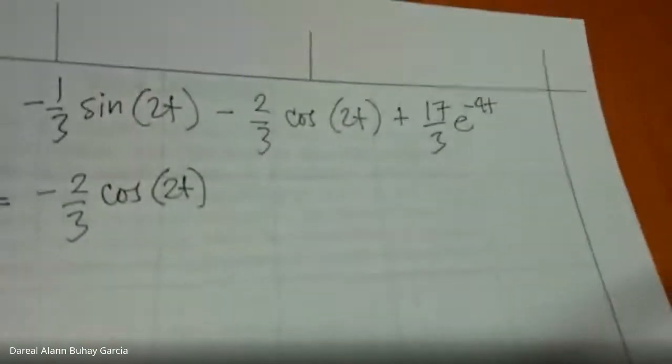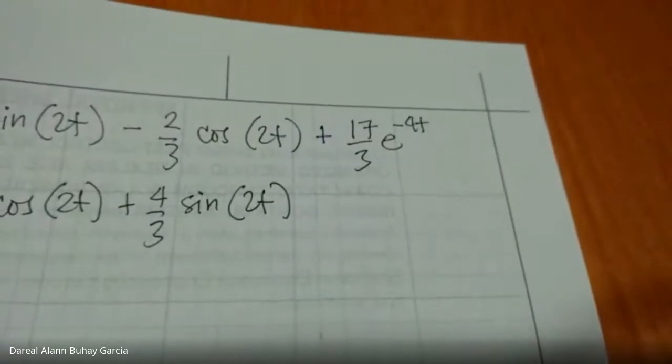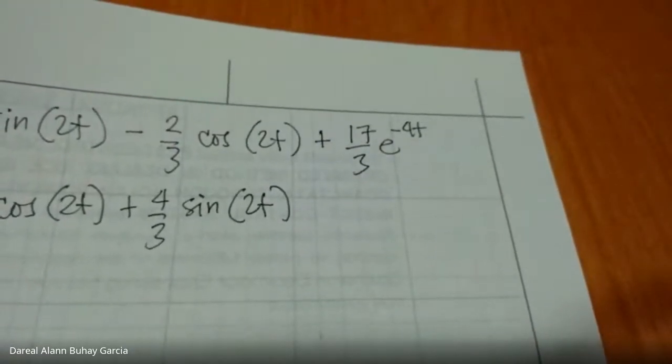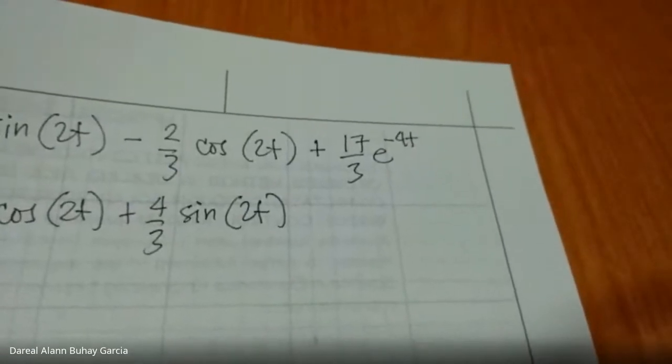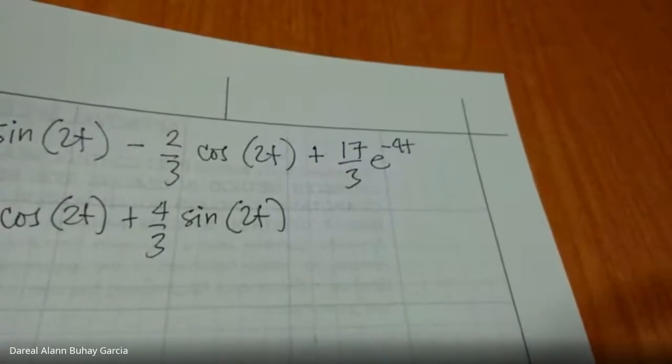Kani, positive 4/3 sine 2t. This one, 17 times 4. Minus or negative 68 over 3e negative 40. And I think mo na yung final answer.